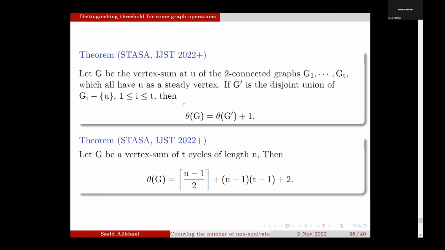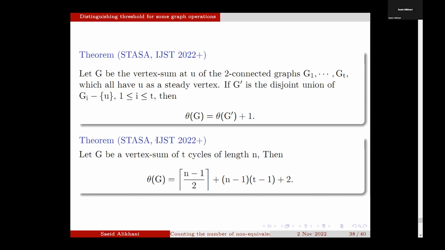And let me say about this theorem that if G is a vertex sum at u of connected graphs G1, G2, and Gt, which all have u as a stable vertex, and if G prime is the disjoint union of Gi minus u, then the distribution threshold of G is equal to the distribution threshold of G prime plus 1.